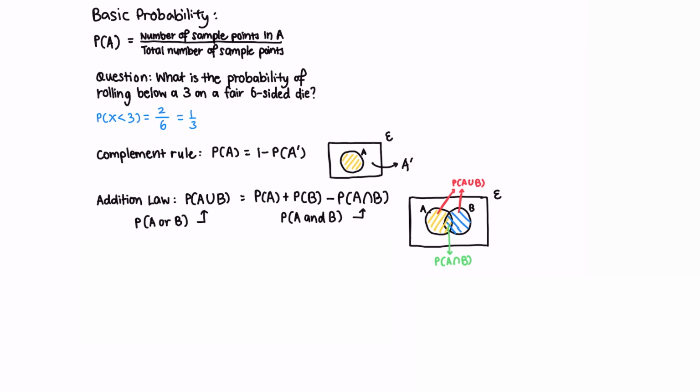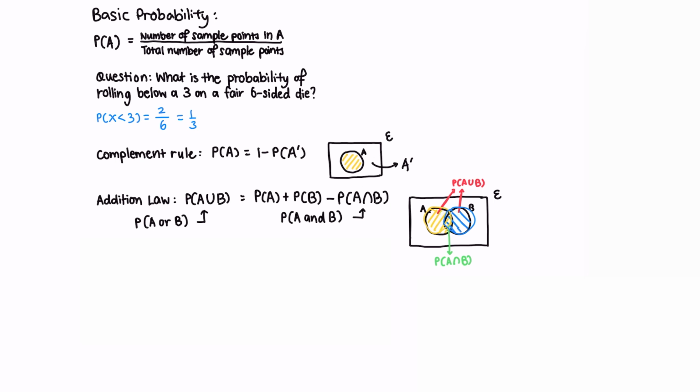If we look at this, we can derive a certain formula, which is the addition law, and this is in your formula booklet. The probability of A union B is equal to the probability of A plus the probability of B minus the probability of A intersect B. Now if you look at this, the probability of A is this yellow thing, plus the probability of B, which is this blue thing. And we're actually double counting this part in the middle.